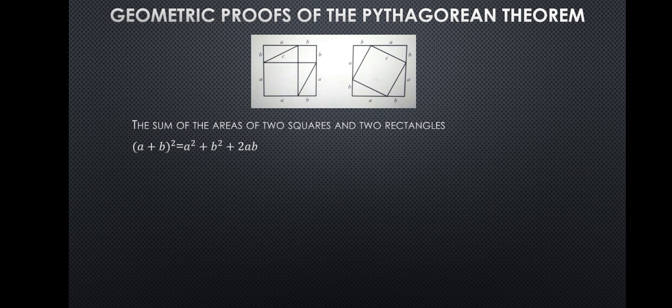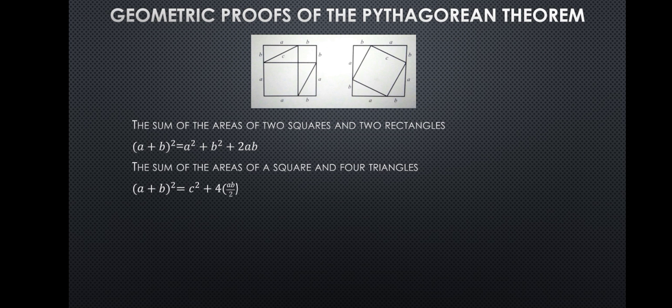Now, the area of the same square can be represented in two ways: the sum of the areas of two squares and two rectangles, and the sum of the areas of a square and four triangles. When the four triangles are deducted from the larger square in each figure, the resulting areas are equal.